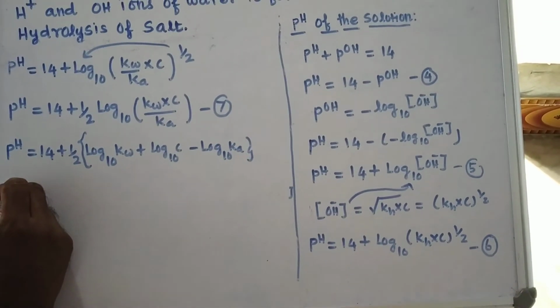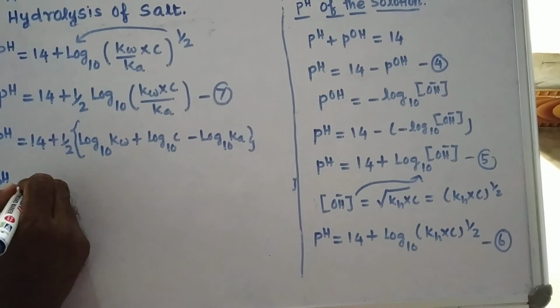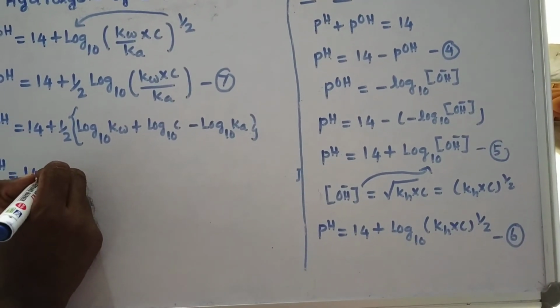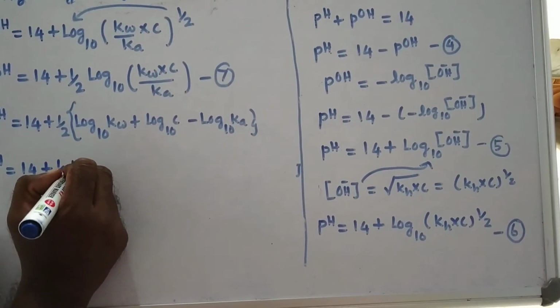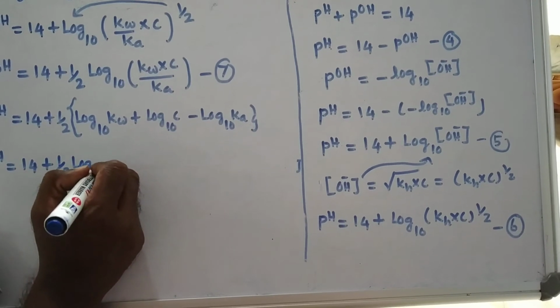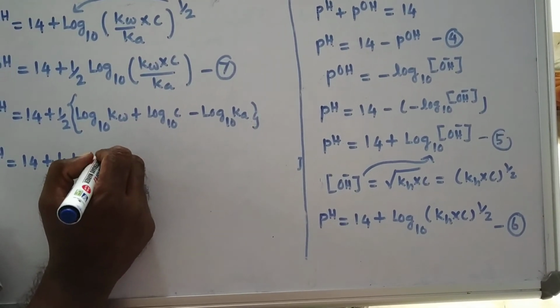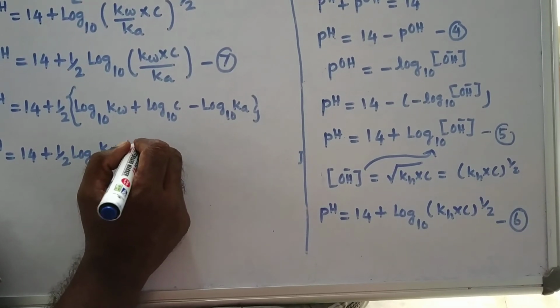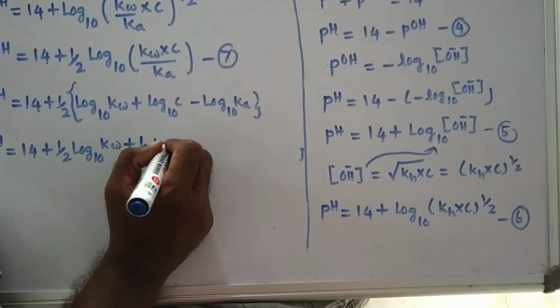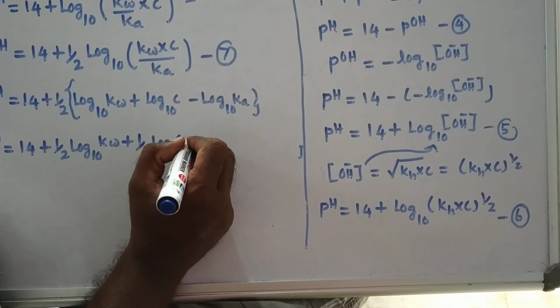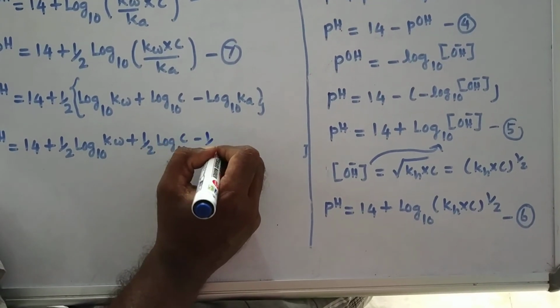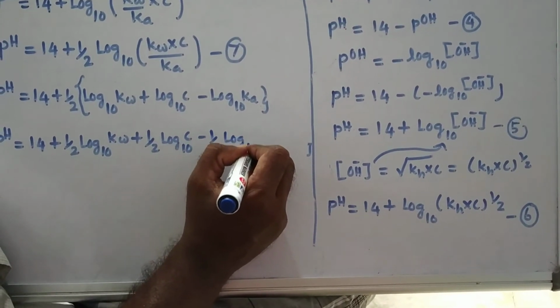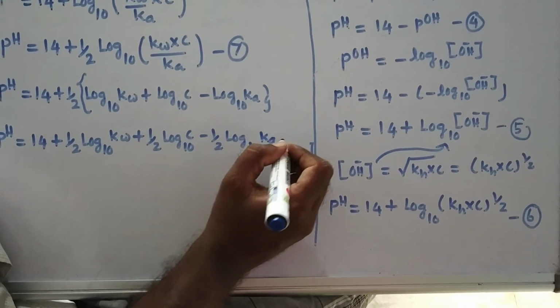It also becomes 14 plus half log base 10 Kw plus half log base 10 C minus half log base 10 Ka.